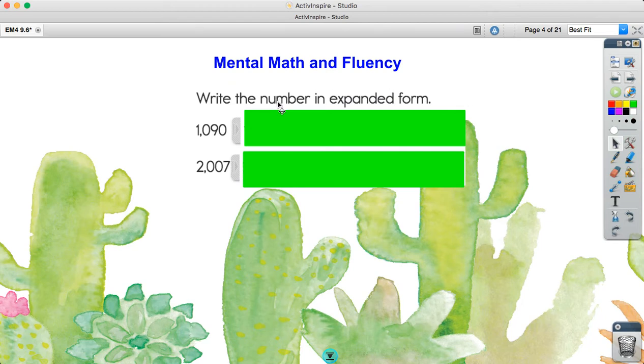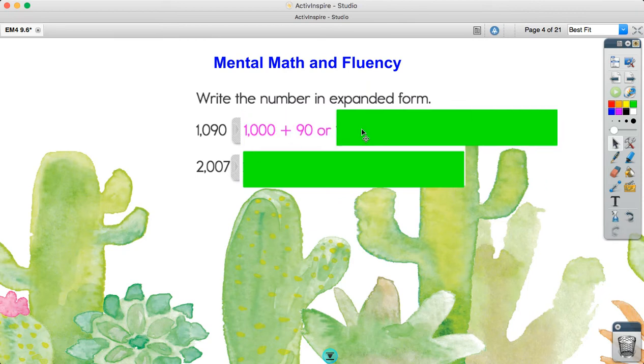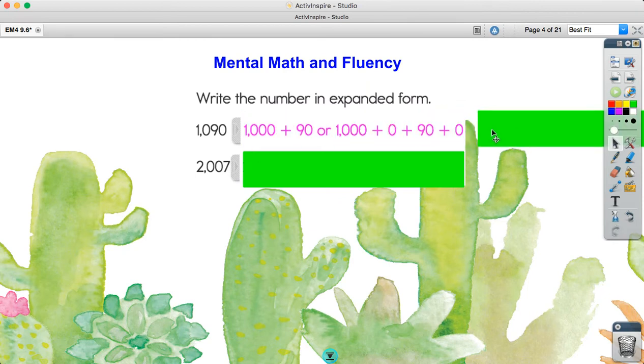Write the number in expanded form: 1090, 2007. Go ahead. For 1090, you could try 1000 plus 90 or 1000 plus 0 plus 90 plus 0.